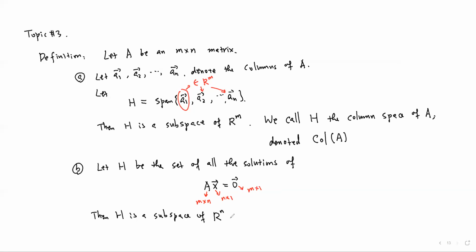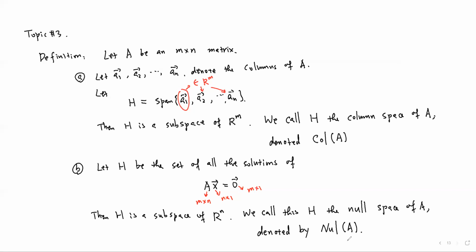We call this H the null space of matrix A. The notation is denoted by Nul A.